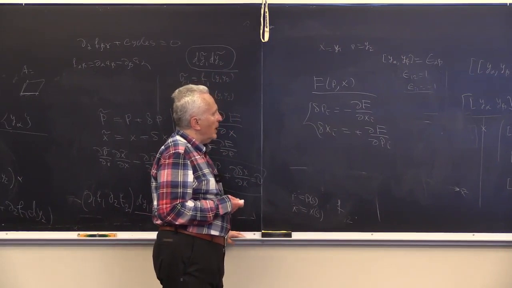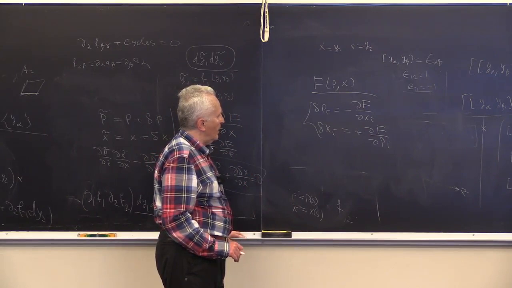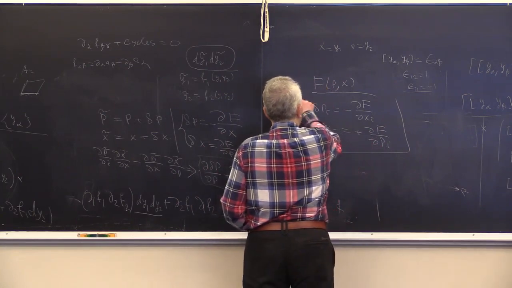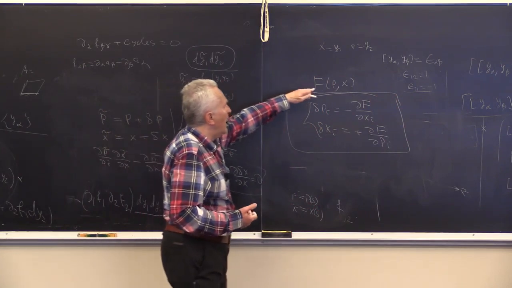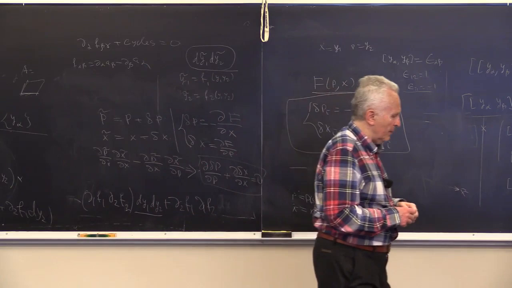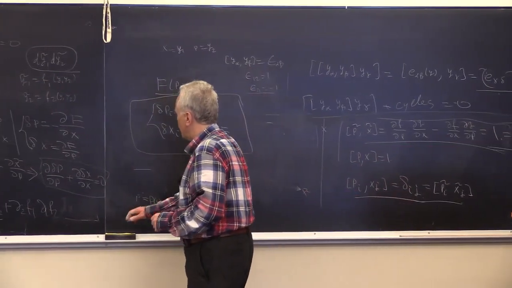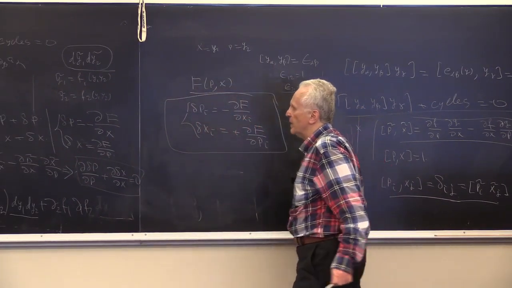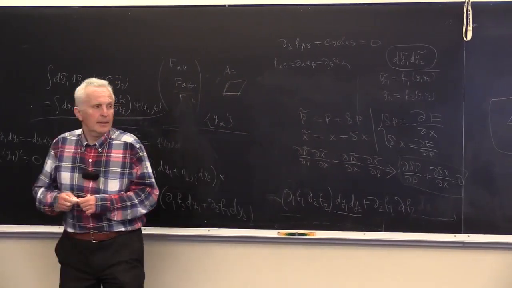Okay, but now these equations should tell you something. So you can take arbitrary f and find this equation. First of all, they should remind you of something. Think of the Hamiltonian equations themselves. What is similar to this relation?